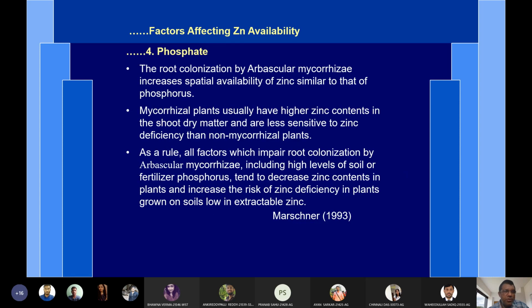Phosphate continues. The root colonization by AM fungi increases spatial availability of zinc, similar to that of phosphorus. Many times we know that AM fungi are responsible for increased phosphorus uptake, but simultaneously they also increase zinc uptake.